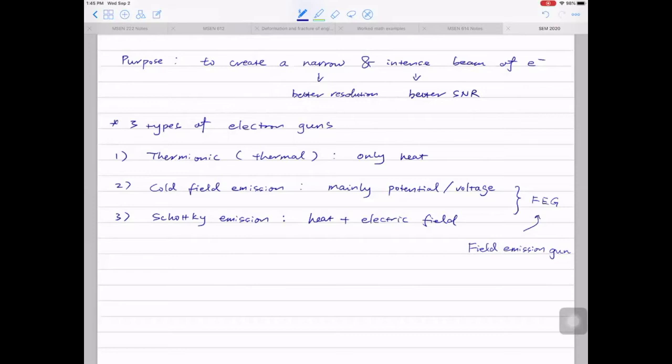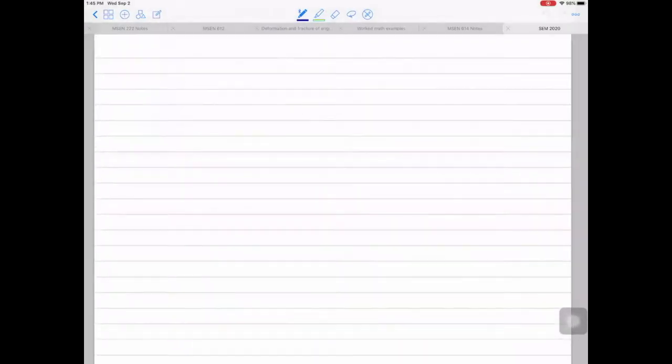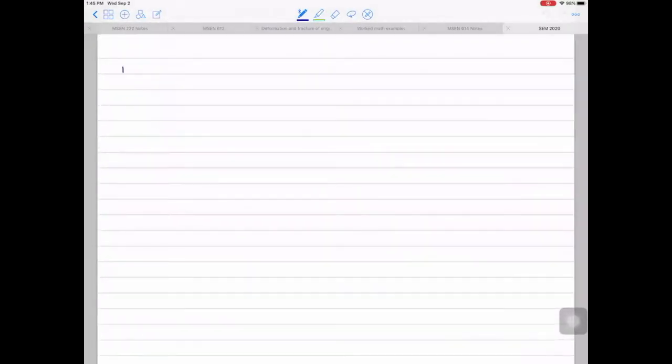Let's look at the three types of guns one by one. The first type is thermionic. What you have is a tungsten filament, and you bend it. It forms a hairpin structure. I'm just drawing part of the tungsten filament.